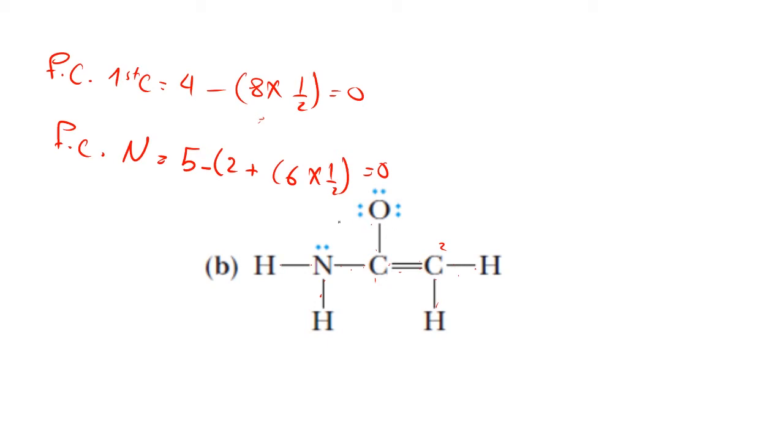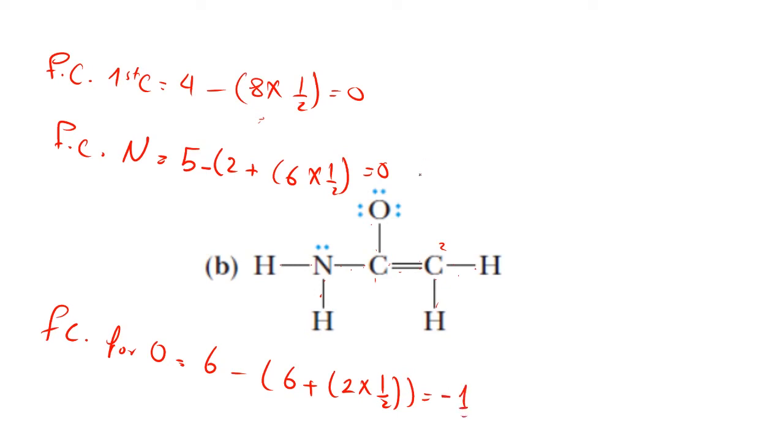If I look at the oxygen, the formal charge for oxygen would be equal to the valence electrons of oxygen, which is 6, minus the unshared electrons, which is 6, plus half the shared electrons, and there are 2 shared electrons. I'll multiply them by half. This means I have a minus 1 formal charge. So I should write down minus on that oxygen on that side.